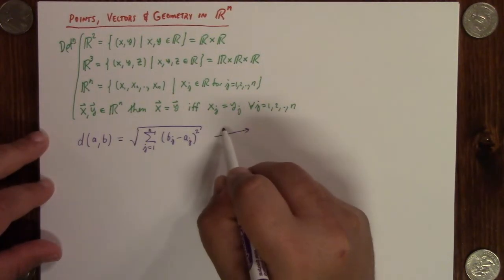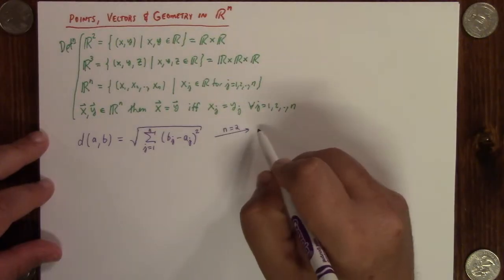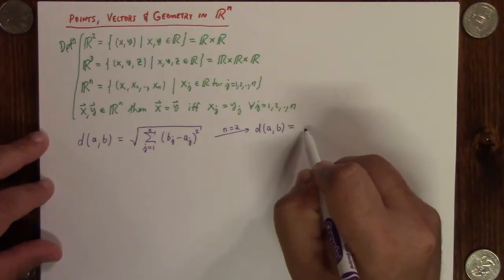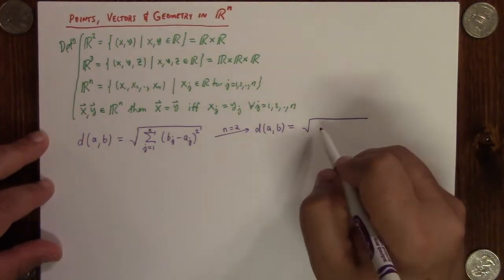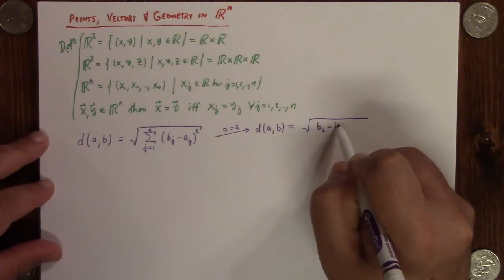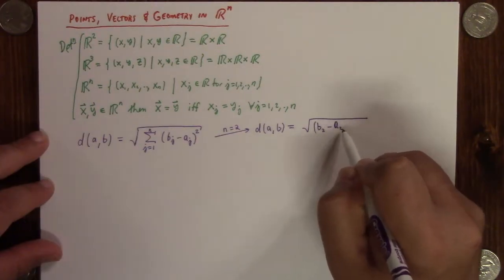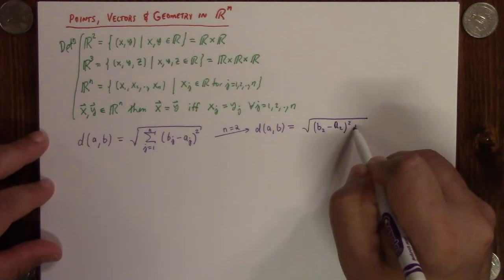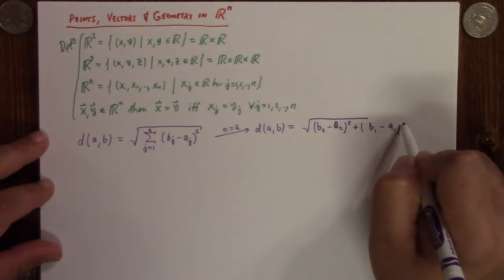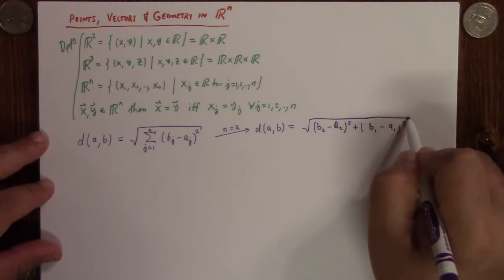So for n equals 2, of course, the distance formula for the plane you might remember from middle school or whatever: (b2 minus a2) quantity squared. So the difference between the components squared, added together, square rooted, that gives us the distance.